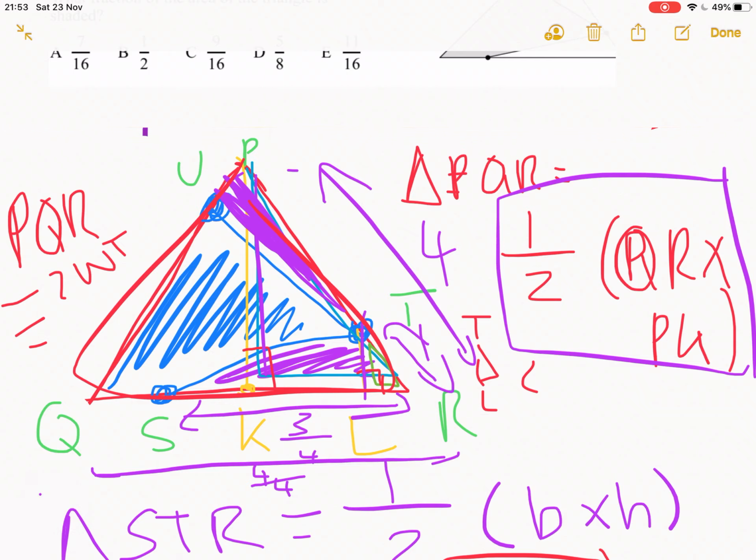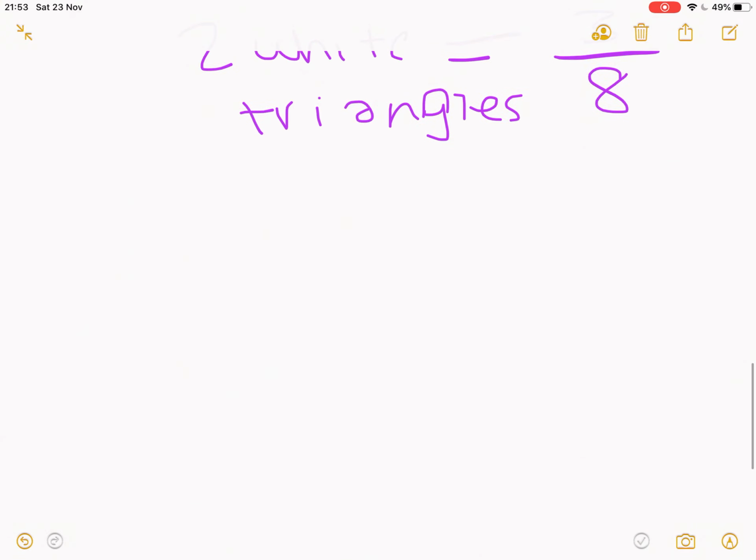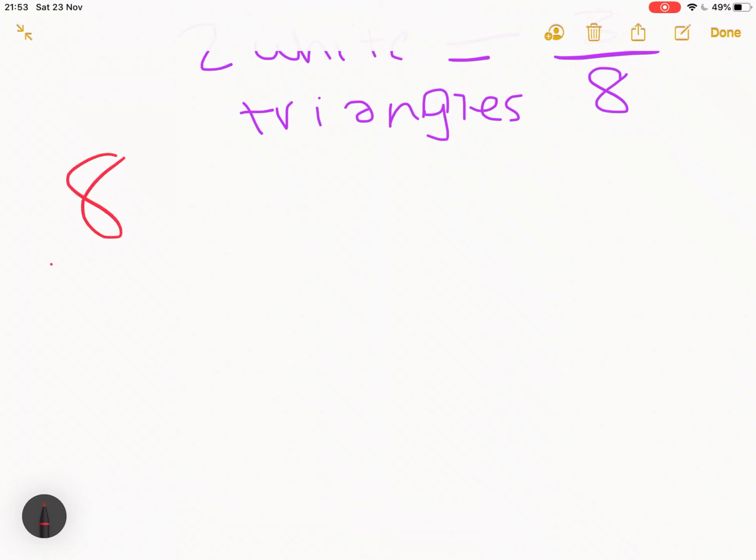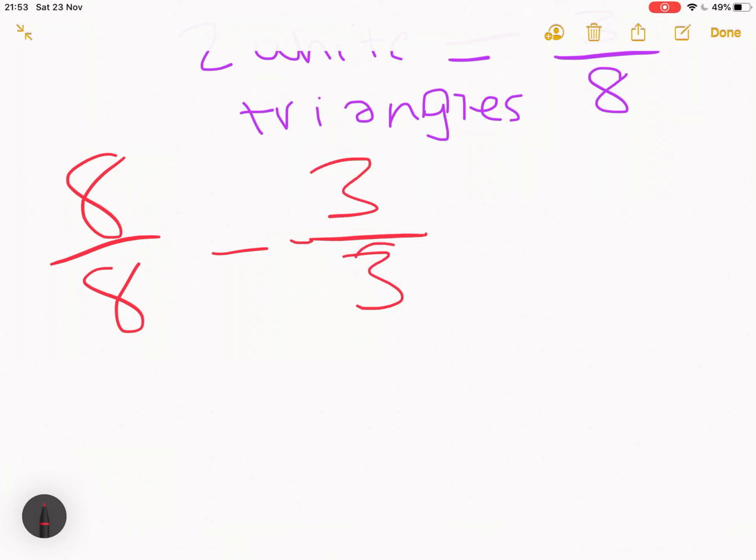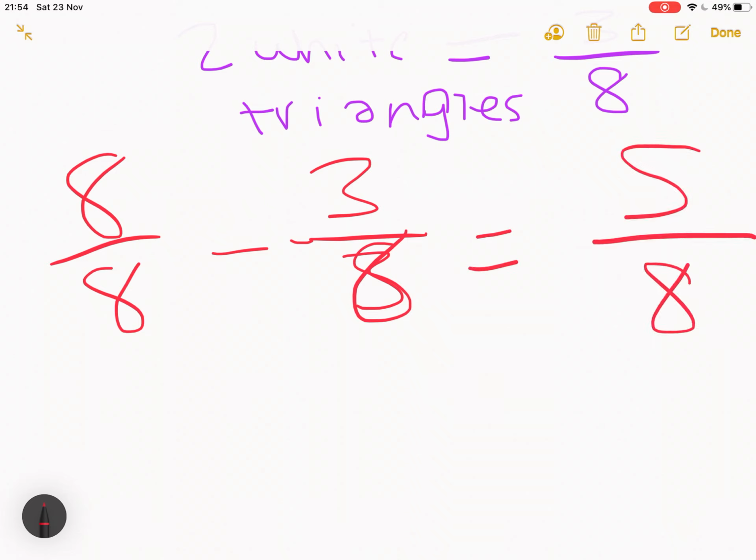PQR, its whole thing, would just be 1, for example. We just do 8/8 minus our 3/8, which gives you 5/8. So therefore the area of the blue triangle is 5/8.